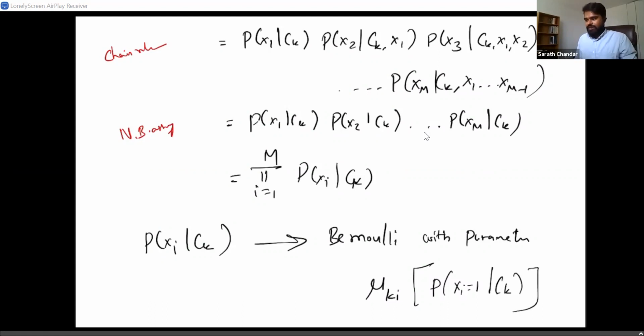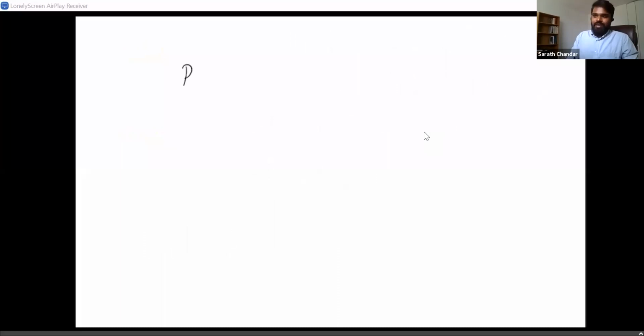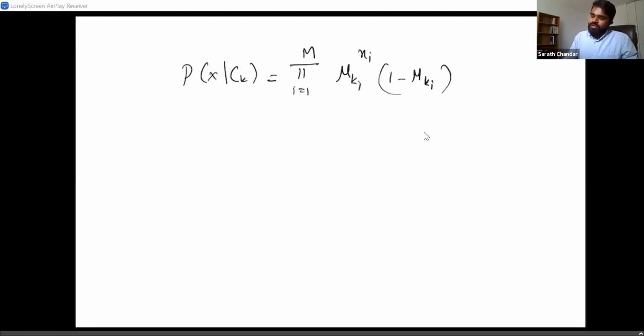Is that clear? Now P of x given ck can be given as the product over i equal to 1 to m of mu ki if xi is equal to 1, and 1 minus mu ki if xi is equal to 0.